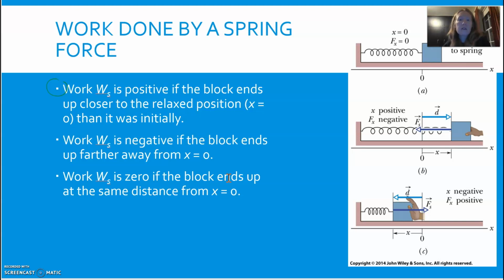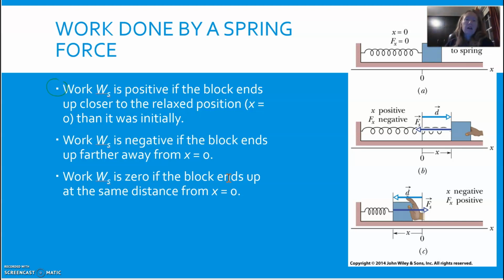Work done by the spring is negative if the block ends up farther away from where it wants to be. Let's switch that around. In other words, somebody's doing work on the spring instead of work being done by the spring. Work is being done on the spring, and that's what's happening then, because somebody's having to stretch that out.